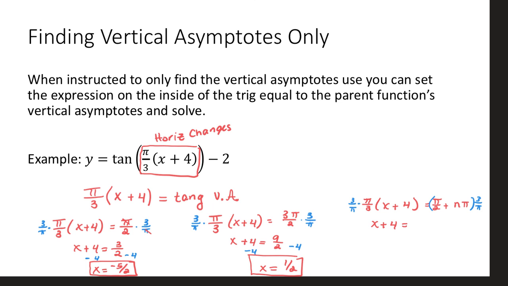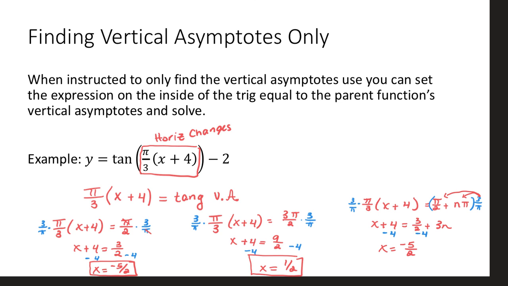On the other side, I would have to distribute that reciprocal 3 over pi. So that'd be 3/2 plus 3n when I simplify. And then I could subtract 4. When I subtract 4 from both sides, I'm going to subtract it with its like term. So 3/2 minus 4 is negative 5/2.